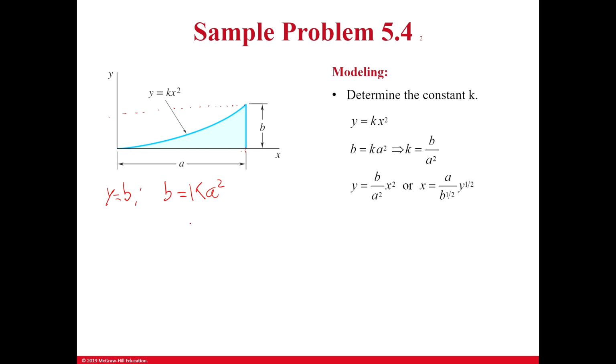So pretty easy, we already know that k is equal to b divided by a squared. Hence, this specific function is b over a squared times x squared.